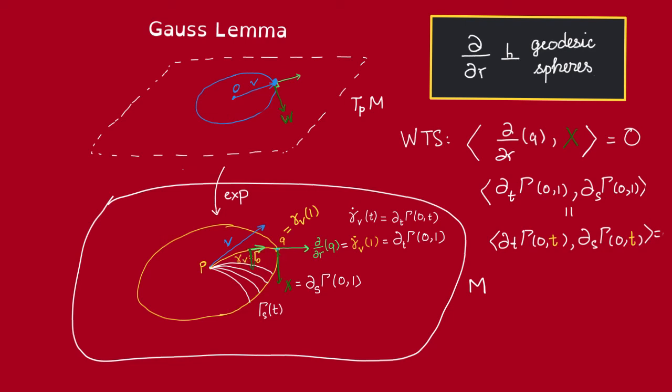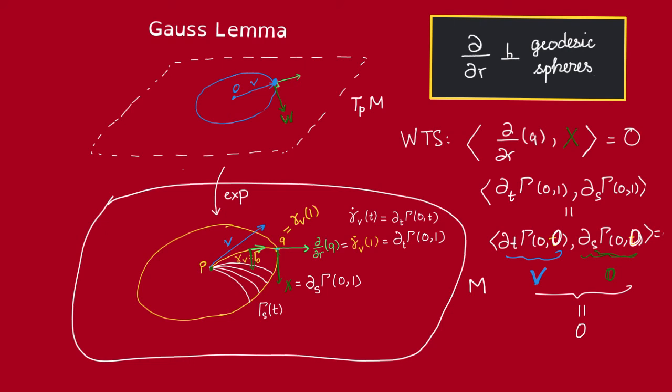In particular, this should be equal to this inner product when t is equal to 0. Now at t equals 0, this is just the initial velocity vector, this is v. And this vector, the change in the s direction, is just 0, because all of these curves have the same initial point. There was no variation in the s direction at P. So then this whole expression must be 0.